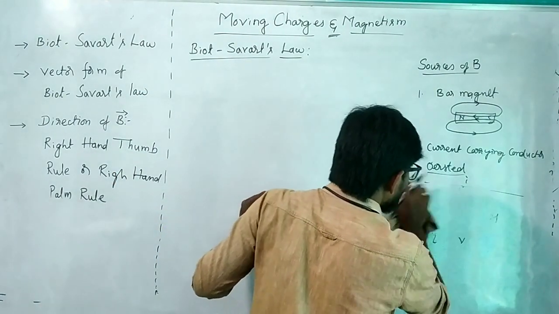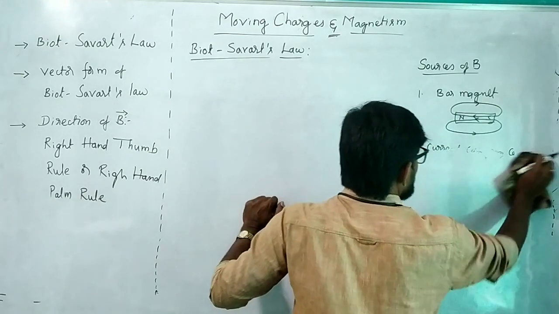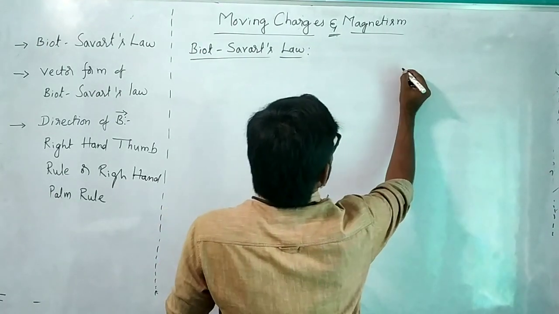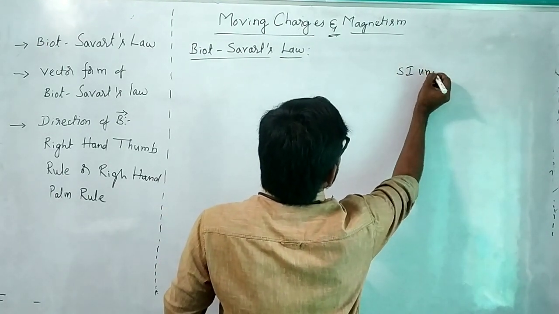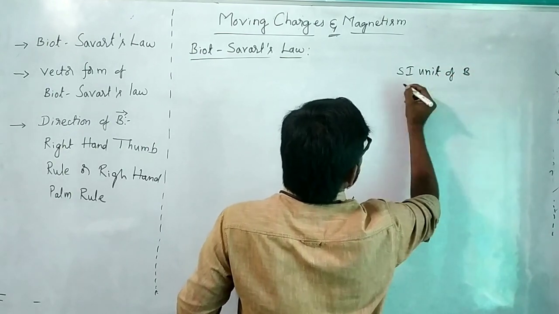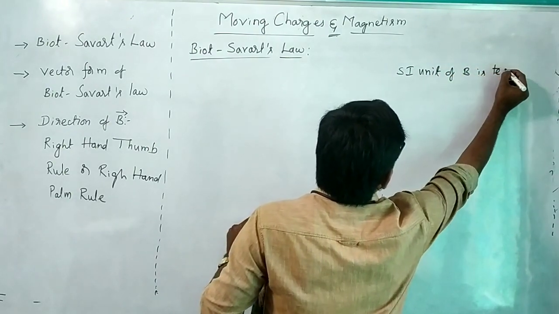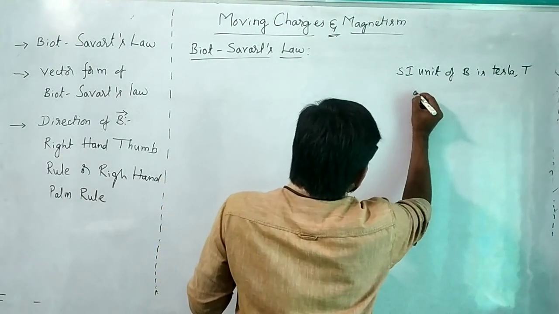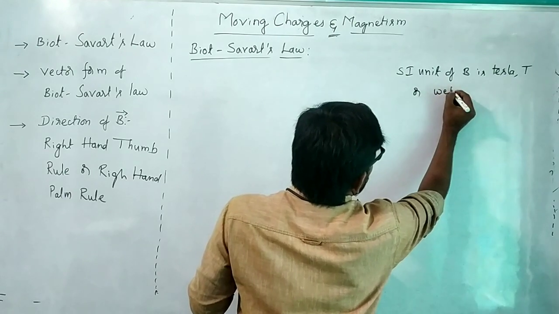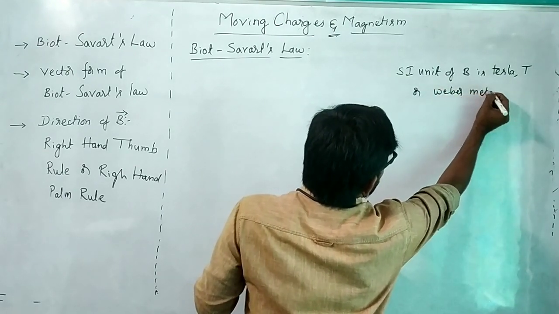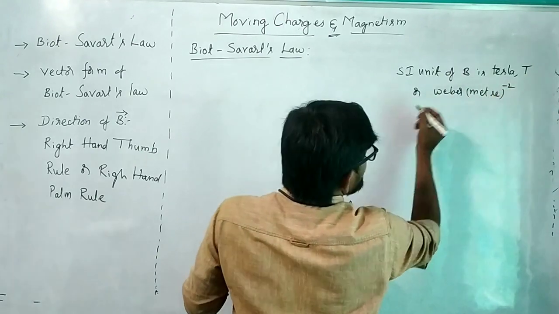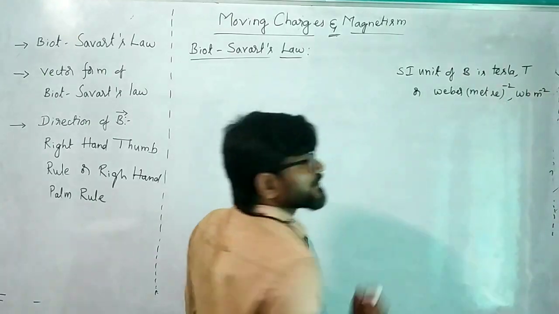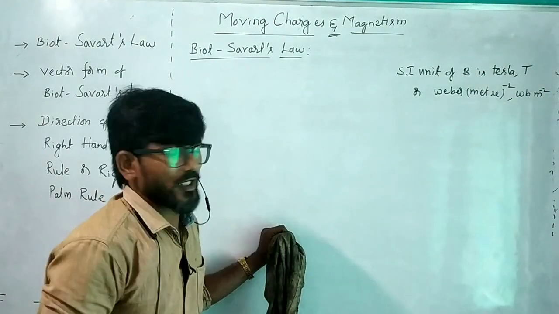Magnetic field is measured by an SI unit called Tesla, denoted by capital T. This can also be called Weber per meter square, denoted by Wb per meter square, or Wb m to the power minus 2.